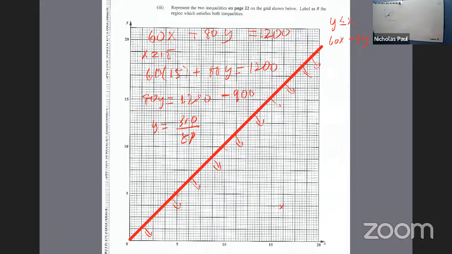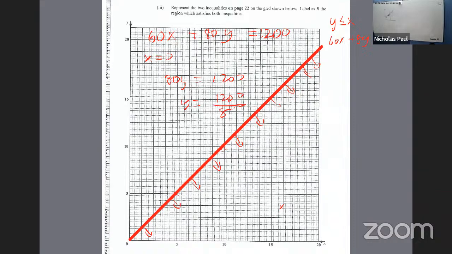Right. Let's go again. Let's choose something easier that normal humans would have picked. What did I tell you was one of the easy points to pick for questions like this? 0. So a normal human might have picked x is 0. Then you get 80y is 1200, so y is 1200 divided by 80.